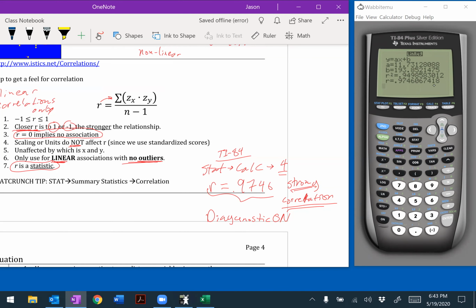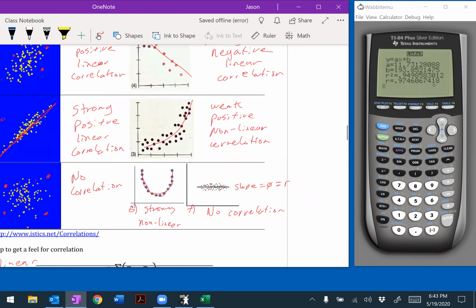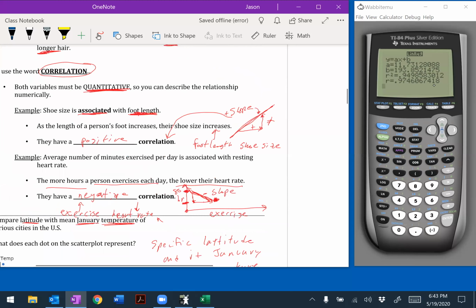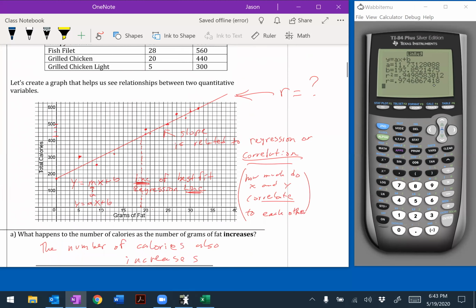Okay, and so we saw that the R was very strong for the data that we were given. Okay, what was the R value? The R correlation coefficient was equal to 0.9746. This is a very strong, what? It's a strong positive correlation.